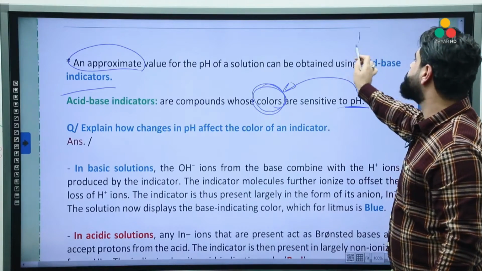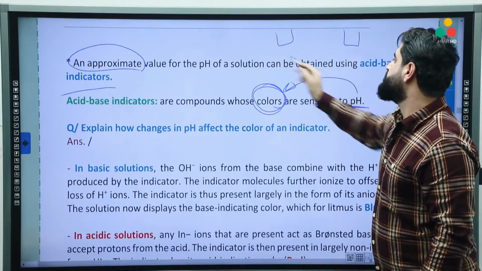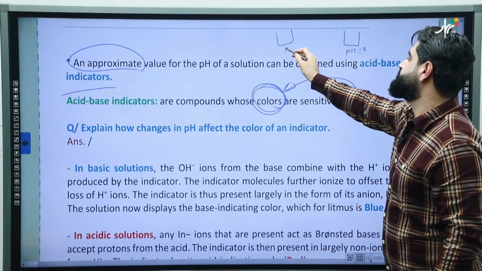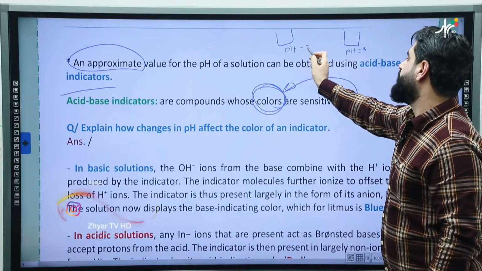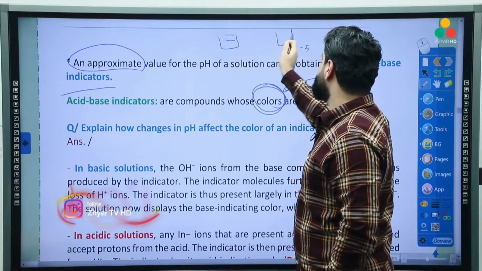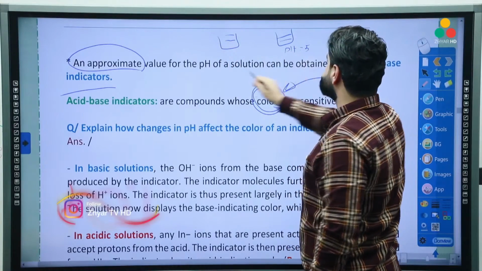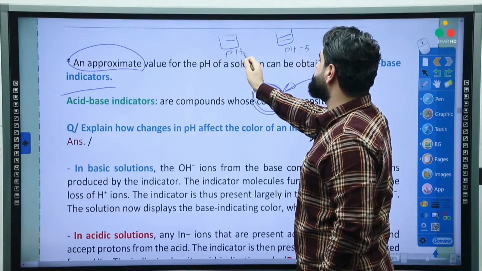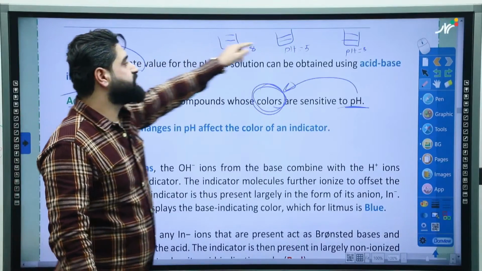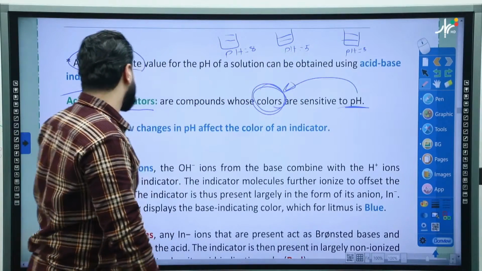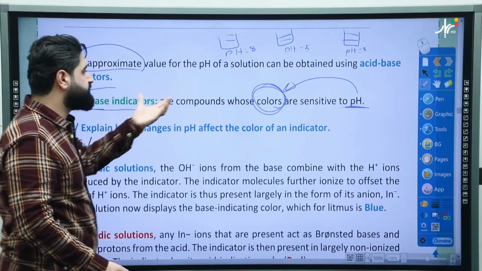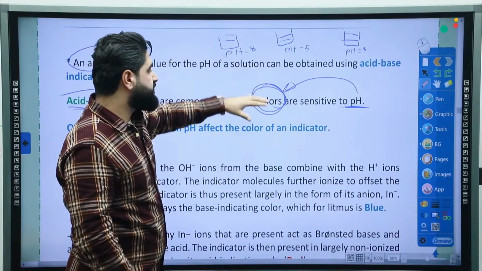That means if we have two different solutions, one with a pH of 3, another with a pH of 5, and another solution that has a pH of 8, and we put an acid-base indicator into each of these solutions, immediately it shows a different color. Why a different color?